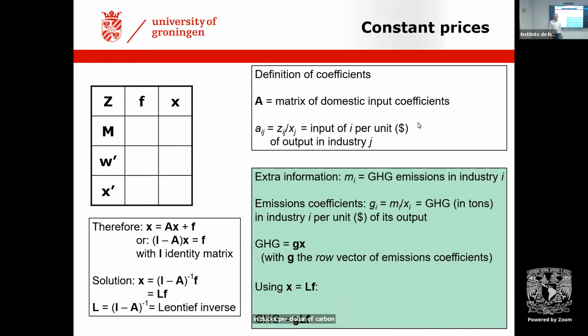So the dimension is ton per dollar. The total amount of greenhouse gases would be G times X in this country, so a territorial emission. Using X equals LF, instead of GDP we now have greenhouse gases, G times L times F. So instead of what we did on previous slides with a V, we now do on the next slides with a G.